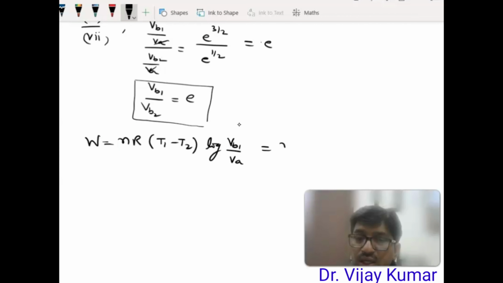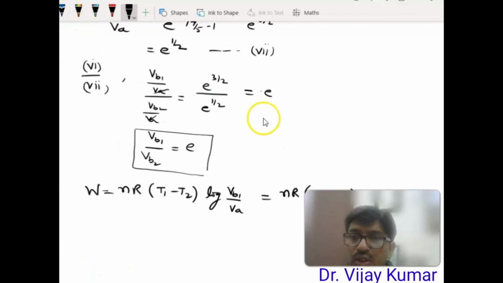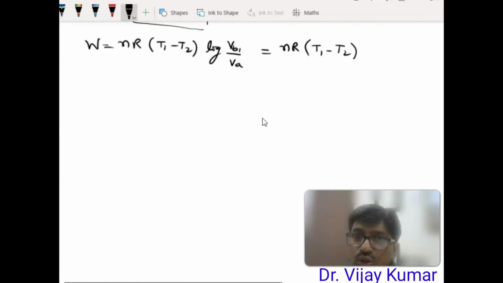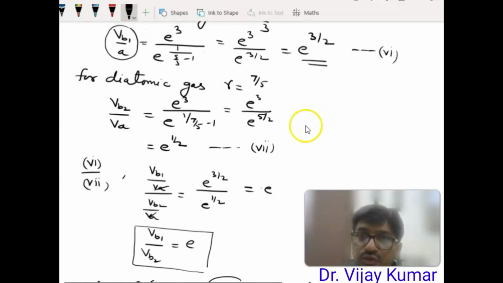So nR (T1 minus T2) log VB1 upon VA, and log VB1 upon VA should be equal to 3 by 2 from this equation number 6.